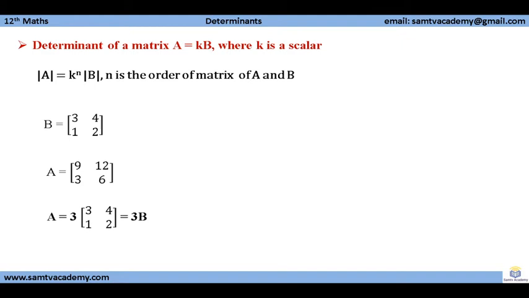So if this is A, the determinant of A is equal to k to the power n times the determinant of B, where n is the order of the matrices A and B. So whatever the order of the matrix is, if it is a 2 by 2 matrix, then the power will be 2. If it is a 3 by 3 matrix, the power will be 3.